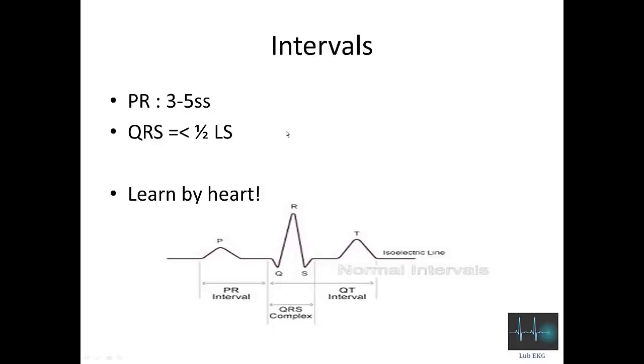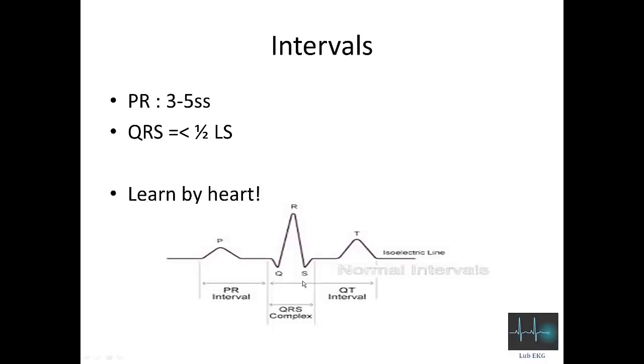If you remember from looking at ECGs, you have 5 small squares in a large square. So you can basically say if the PR interval is more than 1 large square, it's too long. Why is that important? Well, you will have what we call an atrioventricular block. I will talk more about that later.